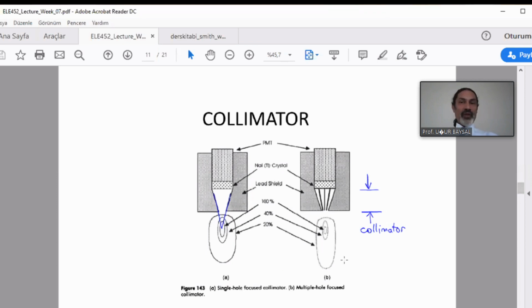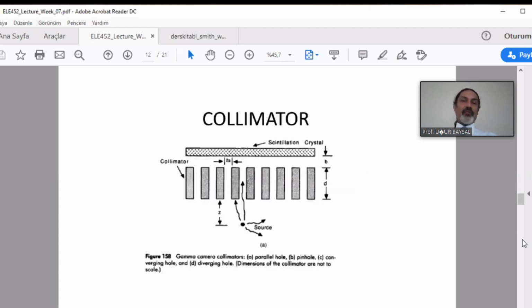The collimator is also very important because it has to focus on some special place. Since the SNR is low, you have to get only very useful 180 degree opposite direction gamma rays. There can be a couple of geometries of collimators.